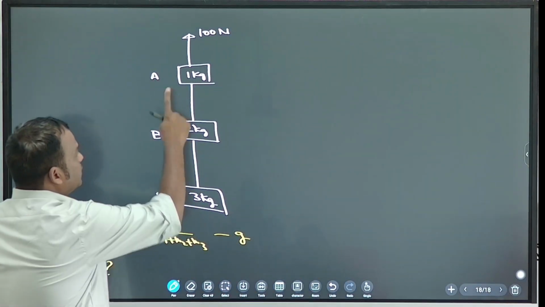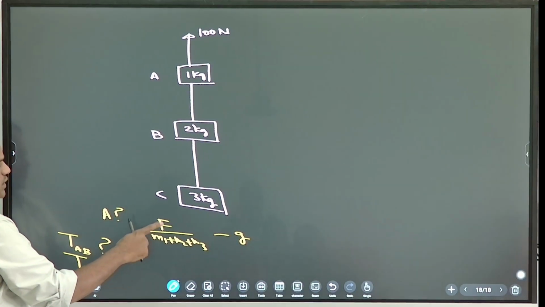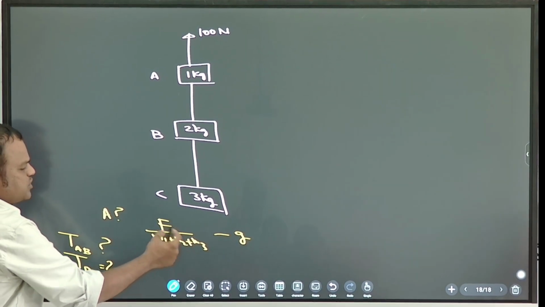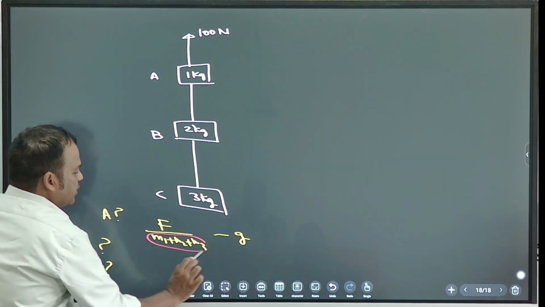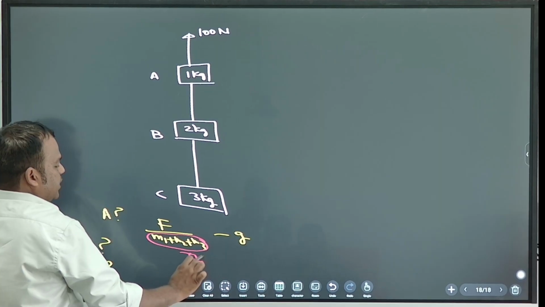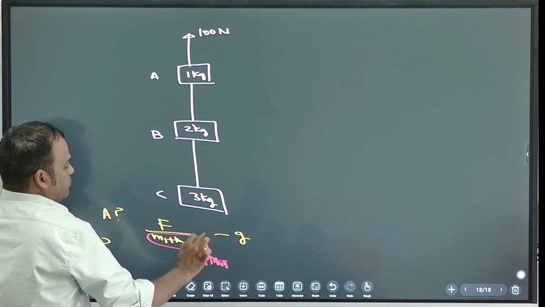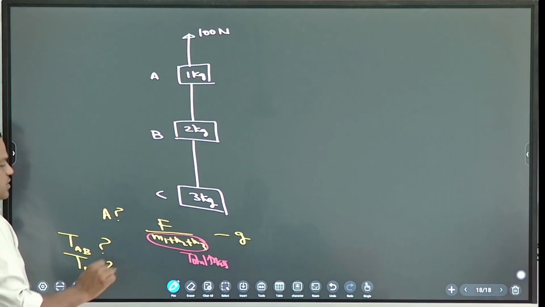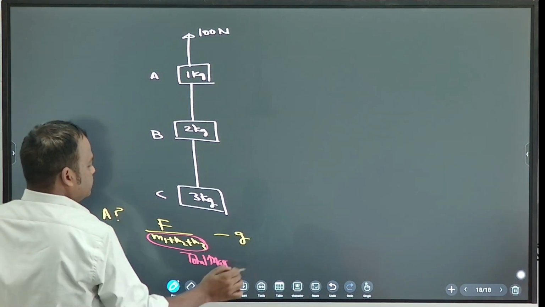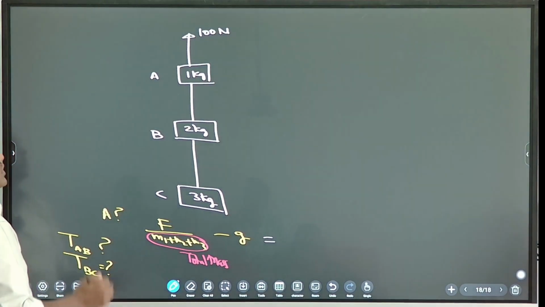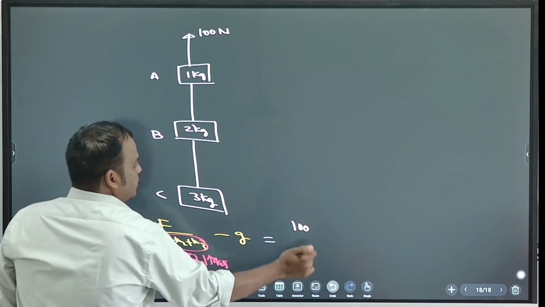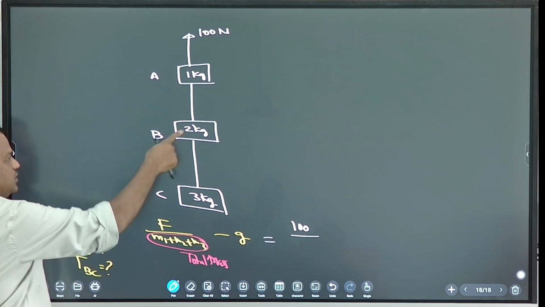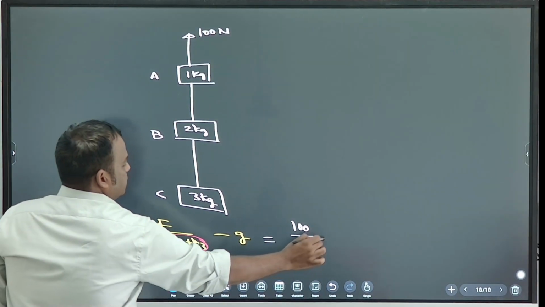Now with three blocks, the formula is F by the total mass minus g. So what is the acceleration here? F by total mass. What is the total mass? 6, minus g.